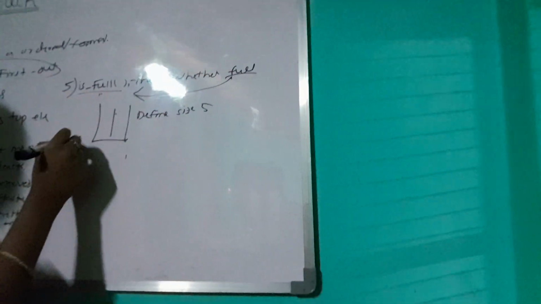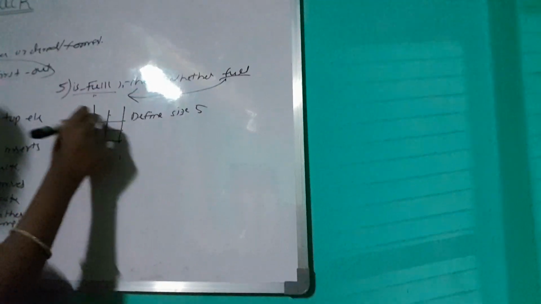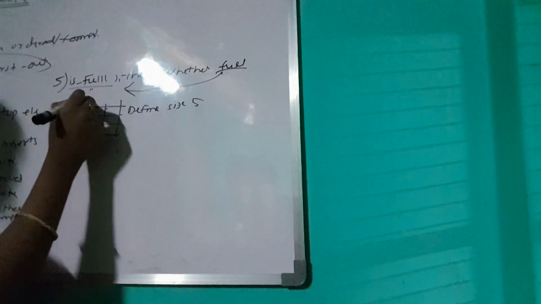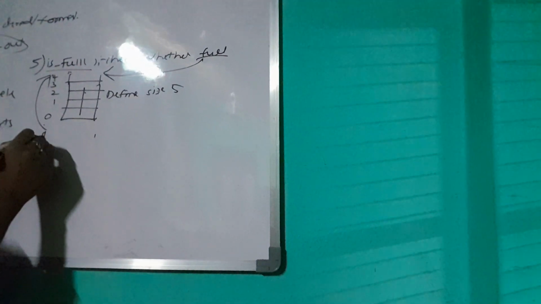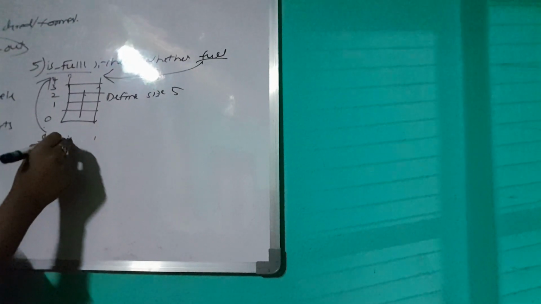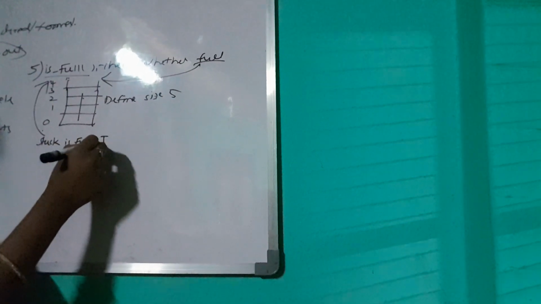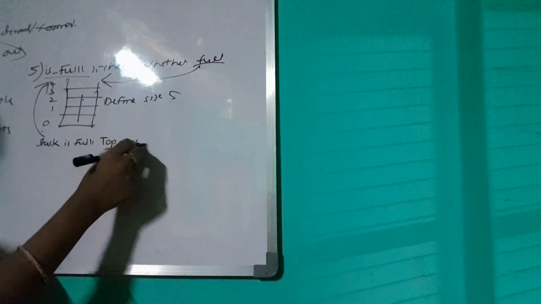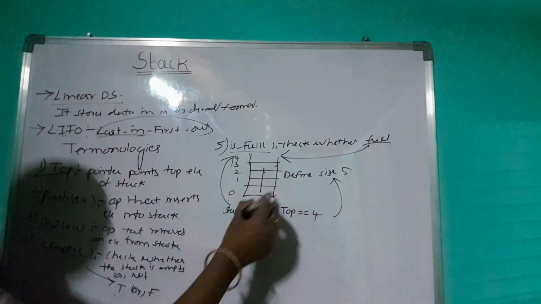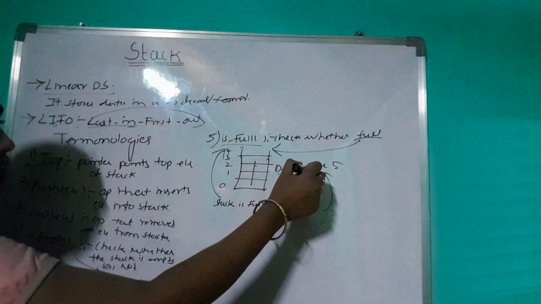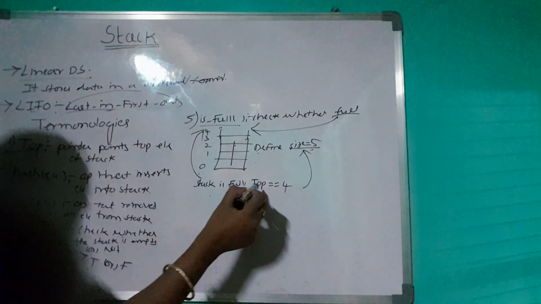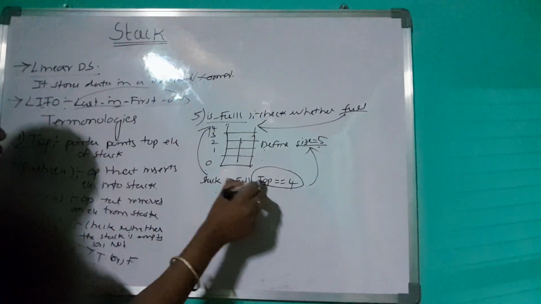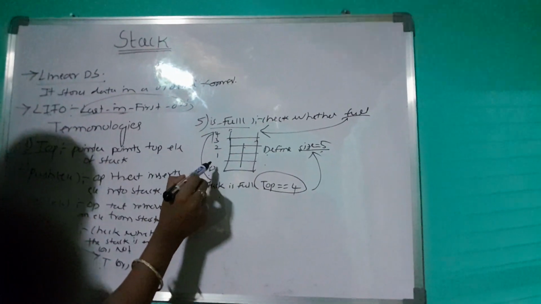Here the index starts from 0, 1, 2, 3, 4. So the stack is full when top is equal to 4. In this context, we define that size is equal to 5, so the stack is full when top is equal to 4 because the index starts from 0.